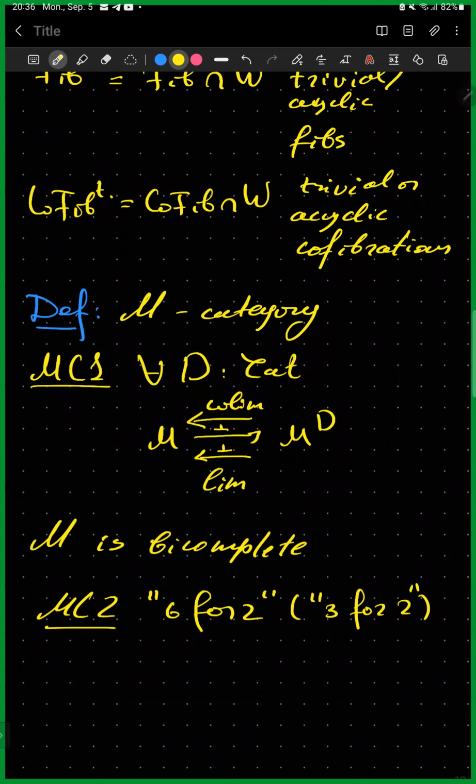Consider 3 morphisms in our category, R, S, T, such that the 2 compositions, SR and TS, belong to the class of weak equivalences. Then the remaining 4 morphisms, namely R, S, T and the triple composition TSR, all belong to weak equivalences. So that's another axiom.